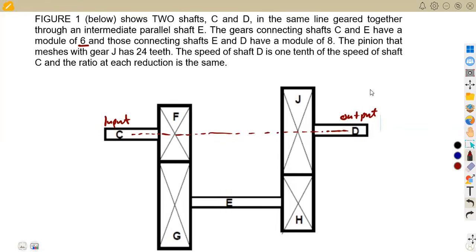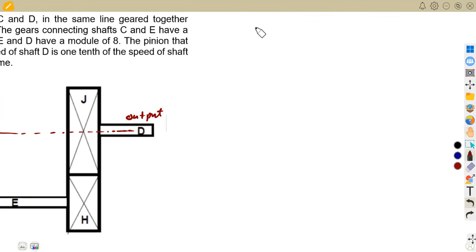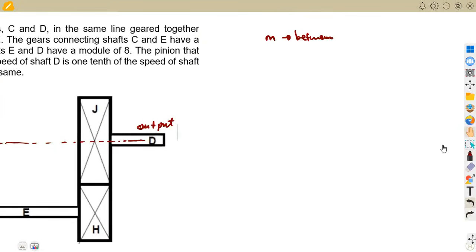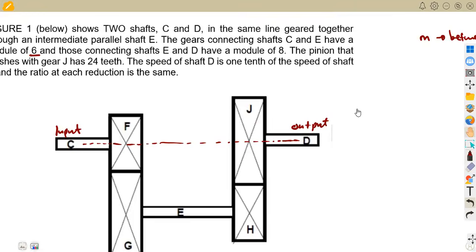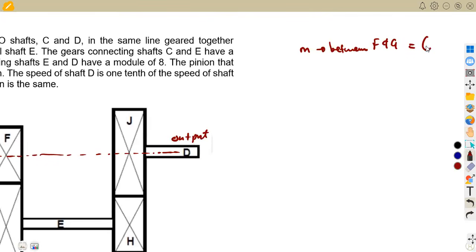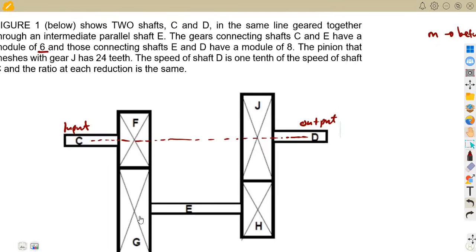So the module, M, between the shafts C and E, that is the gears F and G, is equal to 6. So we are given this module here is equal to 6. That is between the points that we are given, C and E.